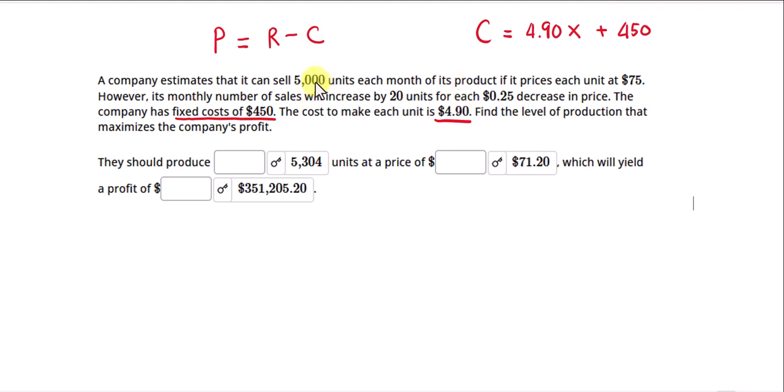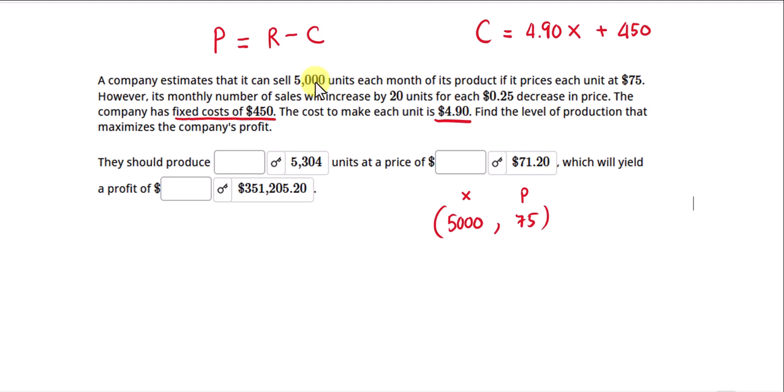Okay, let's look at the original problem. It says right here, when we have 5,000 units, then the price is equal to $75. So 5,000 units, then the price is $75. This is the first point that we have. This is the number of units x, and this is the price.